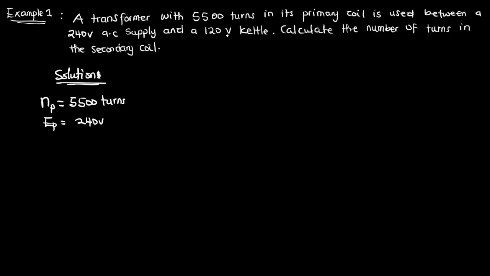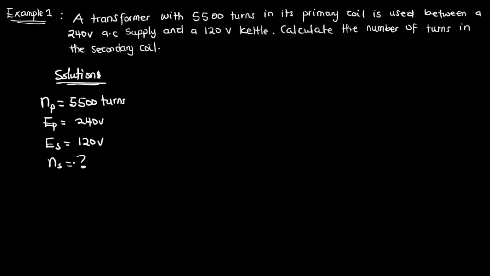It means the kettle, if you plug it in, is going to draw 120 volts, which is the secondary voltage or the secondary EMF. So our ES is 120 volts. We have to calculate the number of turns in the secondary coil. That is what we do not know.